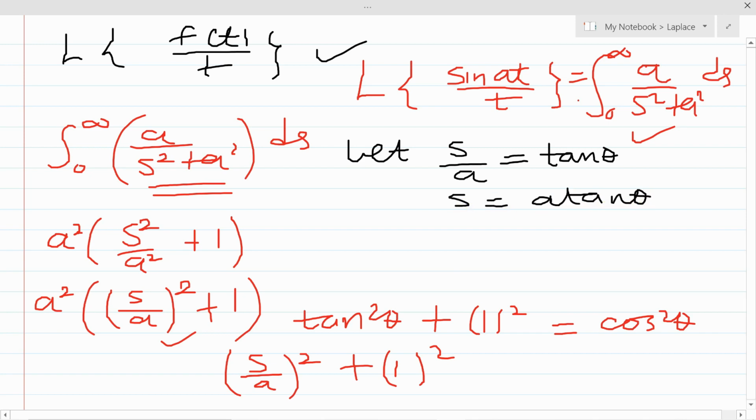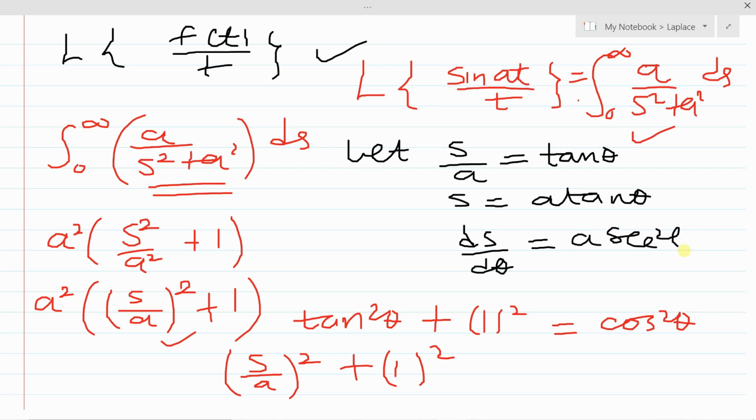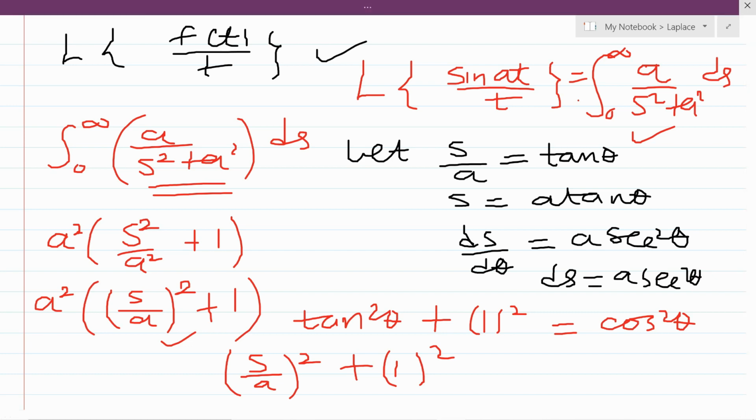Then ds would actually be equal to, when you differentiate tan theta, you get sec squared theta, so you get a sec squared theta. This means that ds is equal to a sec squared theta d theta, but let me write it well somewhere so that you can see clearly.